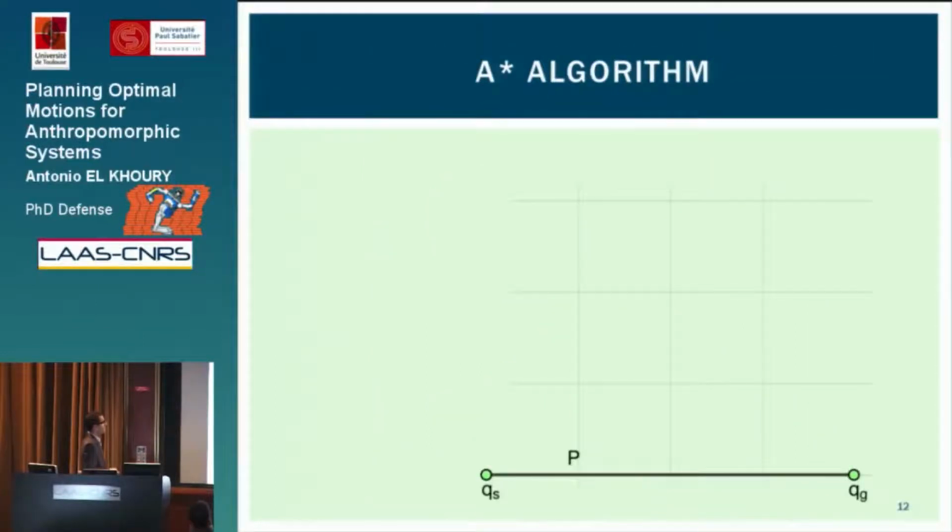And with that, we can execute an A-star algorithm that will allow us to find a path that minimizes the walking time. So here we see again the same path that I showed before, only along one dimension, connecting QS to QG. We will define a sampling distance, thanks to which we will evenly sample the path with sample configurations.